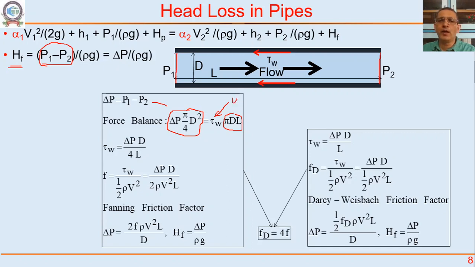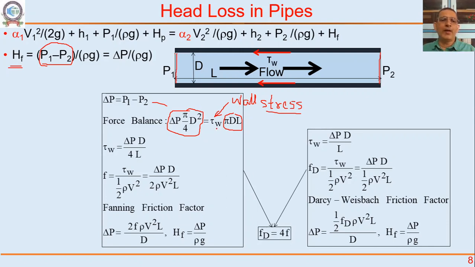We are going to call this wall frictional force or wall stress. It is force per unit area, therefore we call it stress, but it is force per area, not perpendicular, but along the surface area along the flow, therefore we call it stress, not pressure. We call this as wall stress.